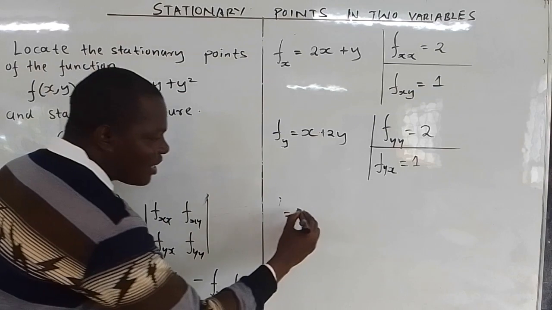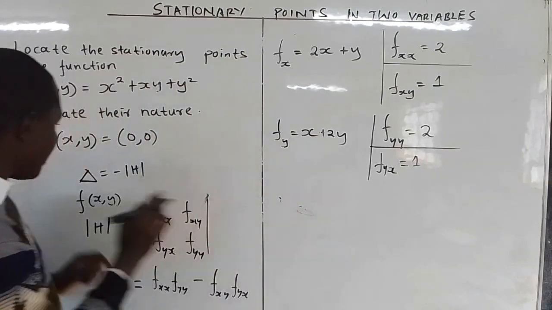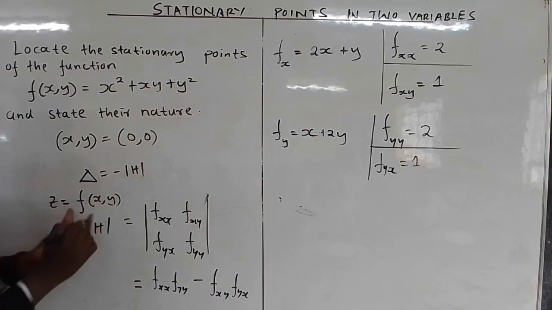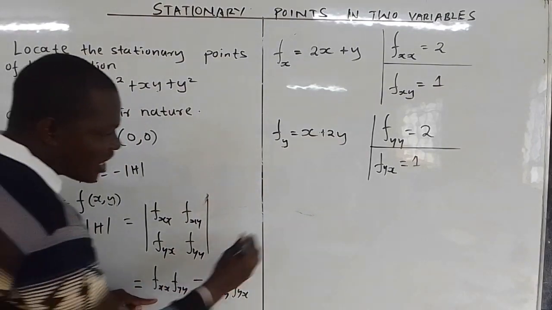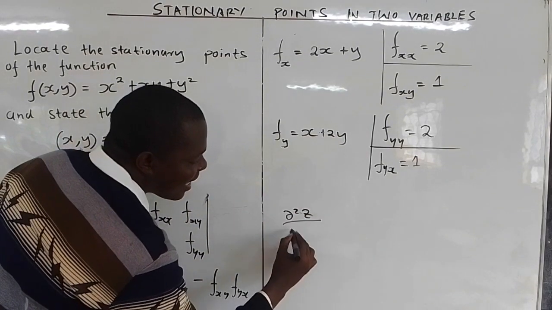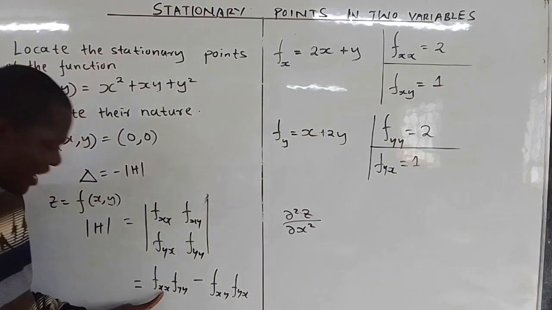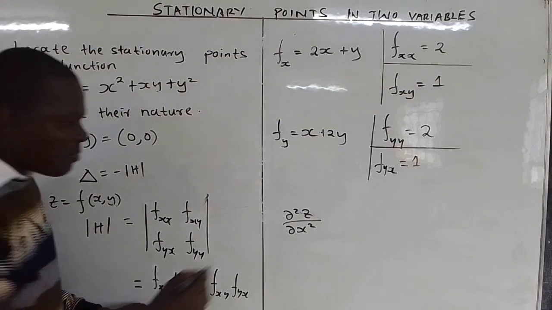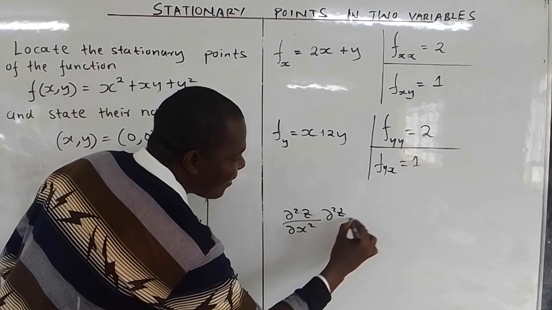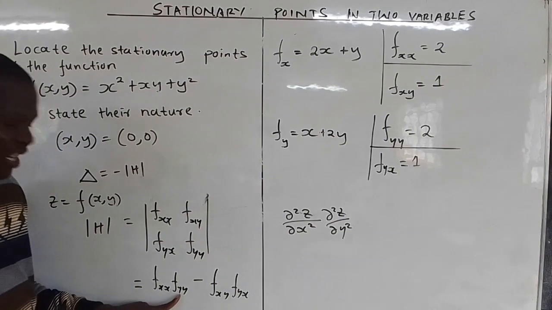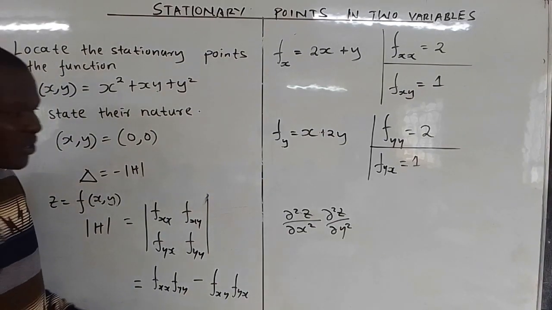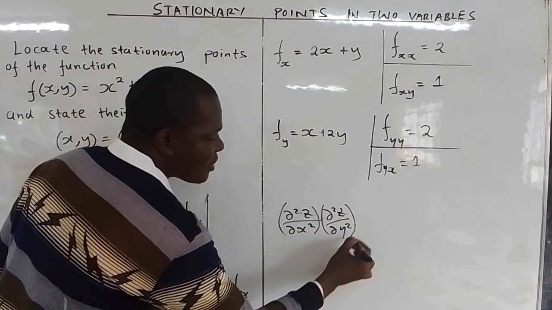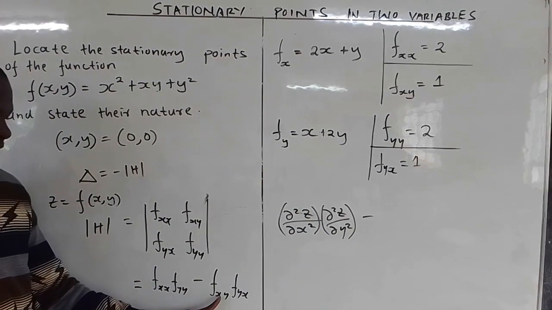Meaning this in full is the same as if you say this function f was z, you differentiated z successively with respect to x twice, isn't it? Then this one means you differentiated that z twice with respect to y, isn't it? So it is this times that. Then it is minus this times this.